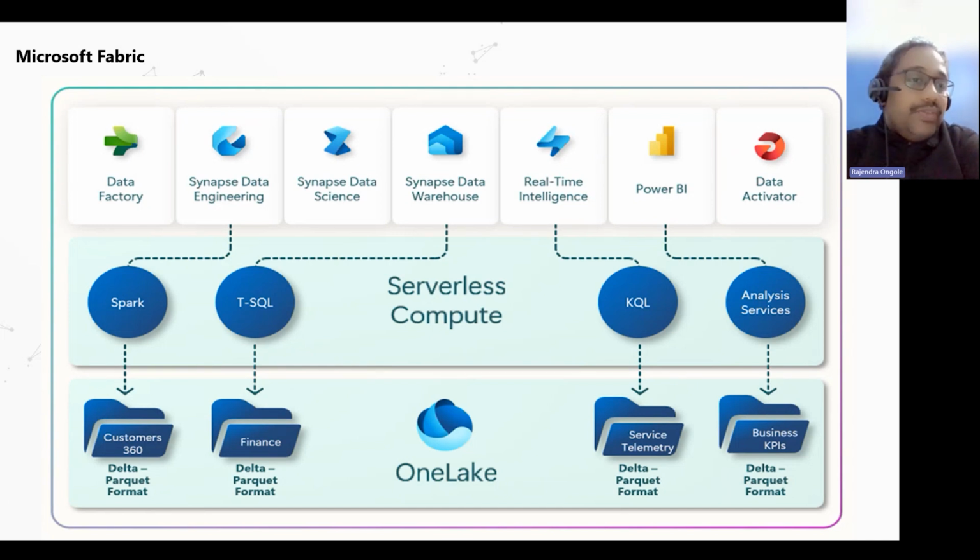For example, in the first part, Data Factory, I can build the pipeline for data ingestion. And the current topic is Synapse Data Engineering: how we are going to use Spark jobs and extract unstructured or semi-structured information using the data engineering persona.